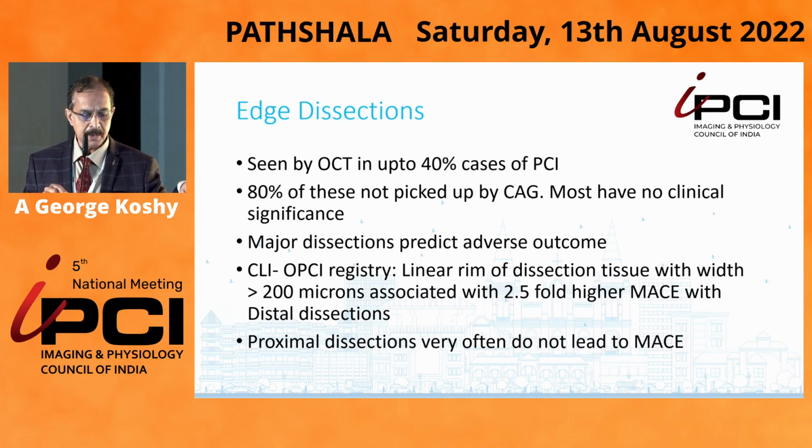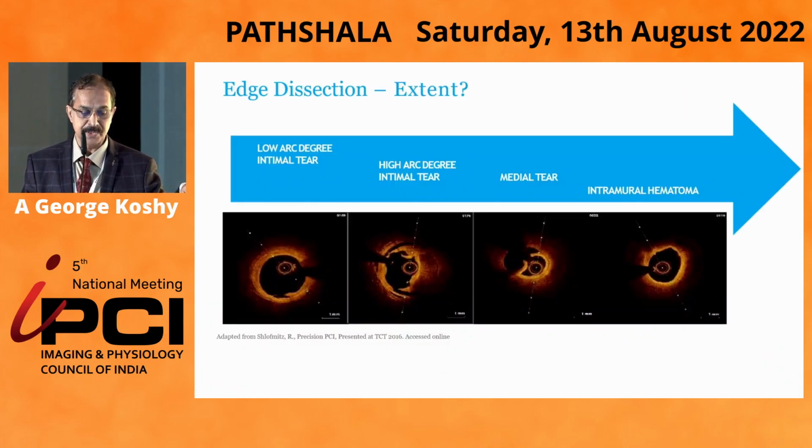In the CLI-OPCI registry, a linear rim of dissection tissue with width more than 200 microns was associated with 2.5-fold higher MACE with distal dissection. But proximal dissections, if limited, are many times benign and often do not lead to MACE. So overall, we can say that distal dissections are more important than the proximal dissection.